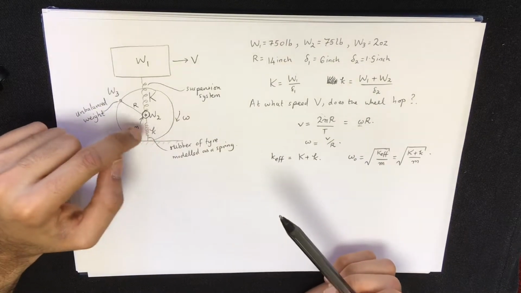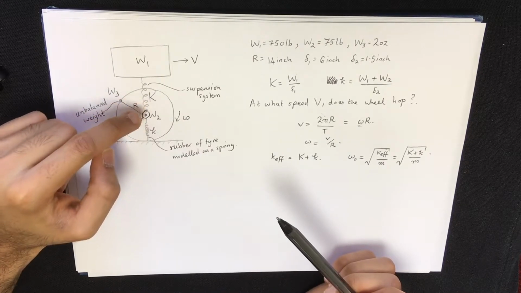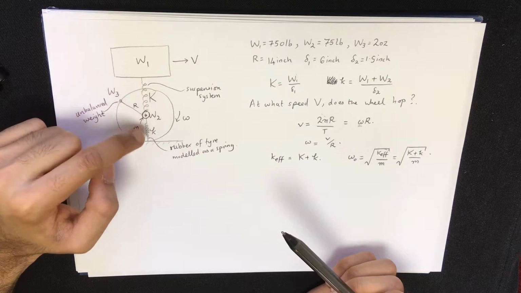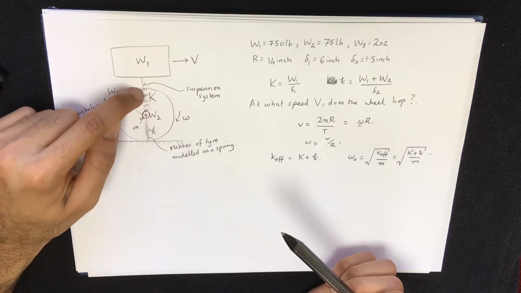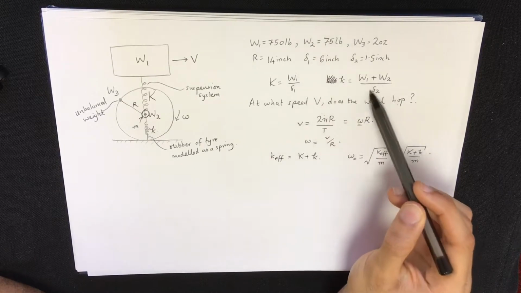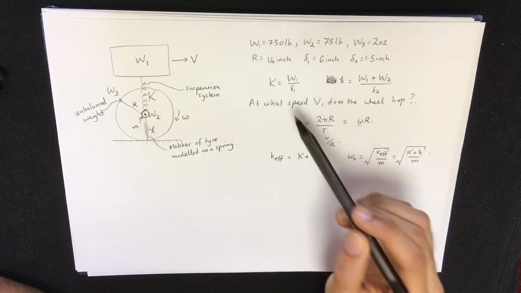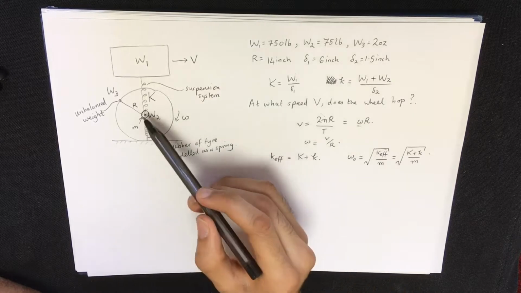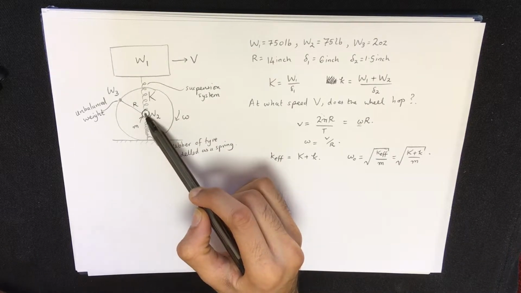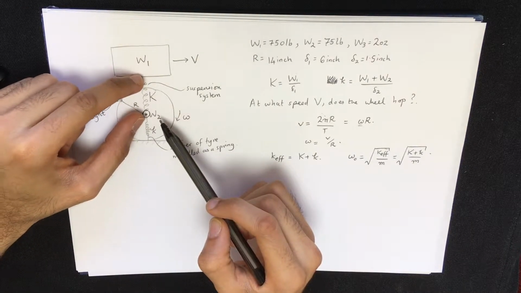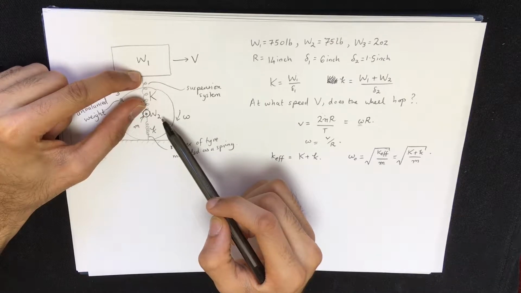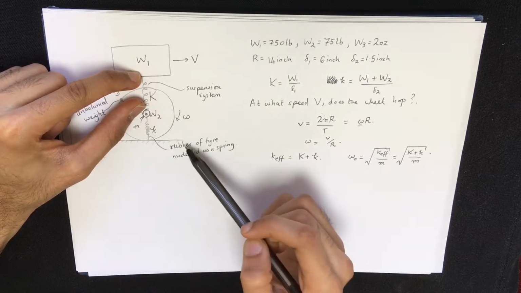So, in order for the entire wheel to hop off the ground, we need to start thinking more carefully about the static deflections of each of these springs over here. The static deflections were used to define the actual spring constant, but it turns out that if the amplitude of this wheel is greater than the static deflection of the suspension system, then it's essentially going to cause the entire wheel to move up and off the ground.